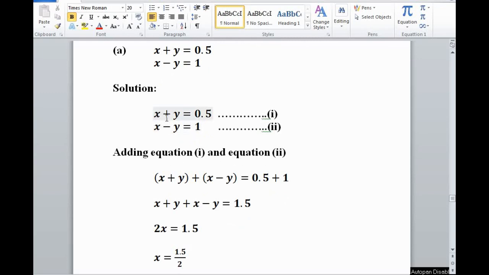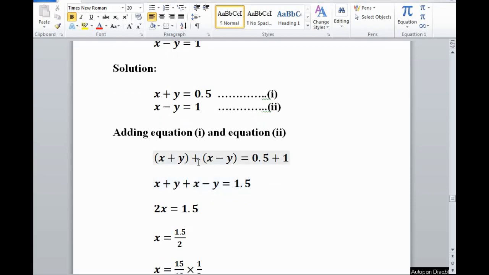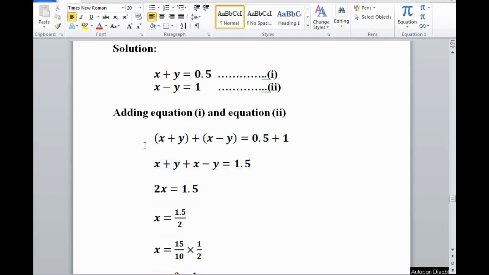So first I will write left hand side of equation 1, which is x plus y, plus left hand side of equation 2, x minus y, equals right side of equation 1, 0.5, plus right side of equation 2, plus 1. Now I'm adding these two equations horizontally, so let's simplify.